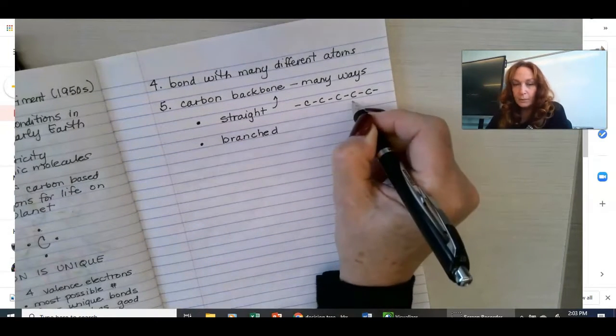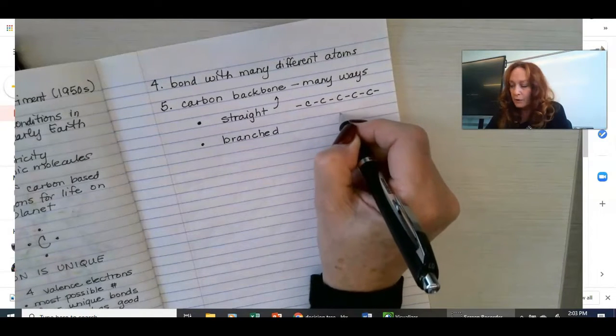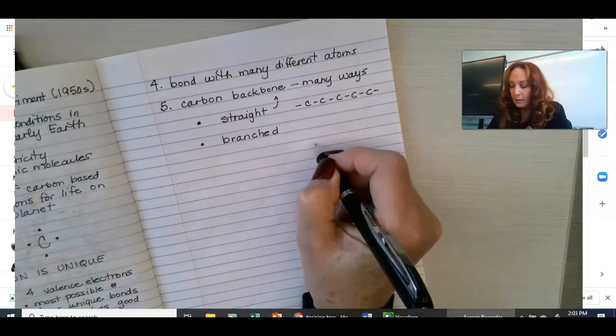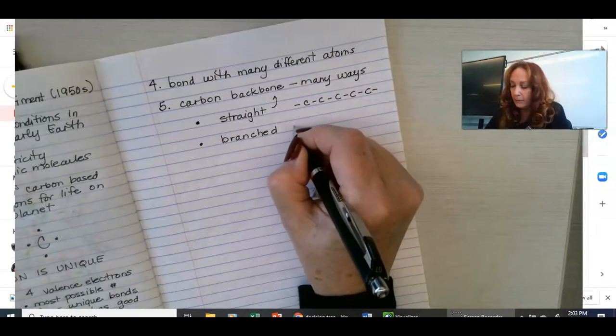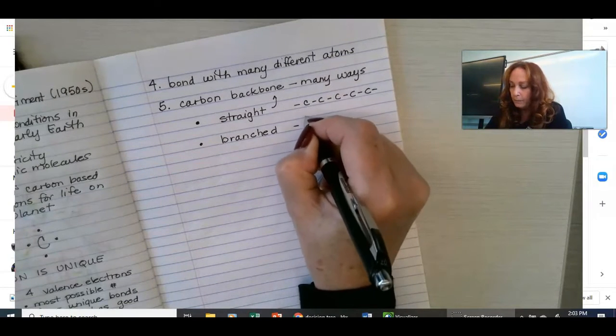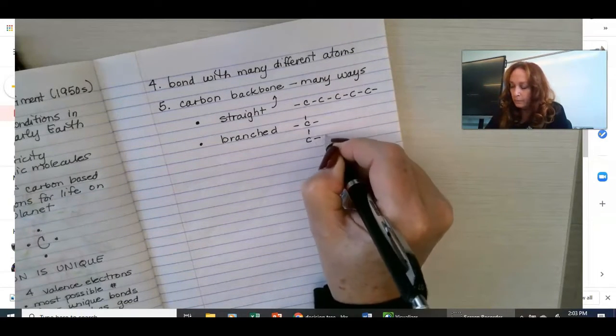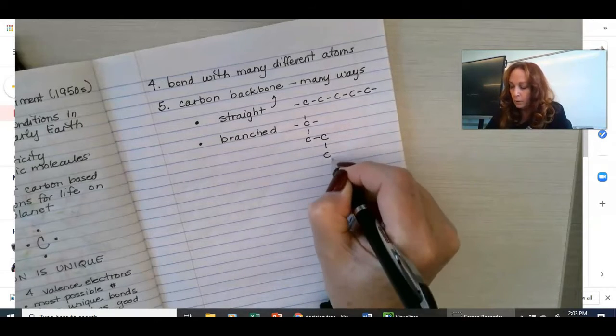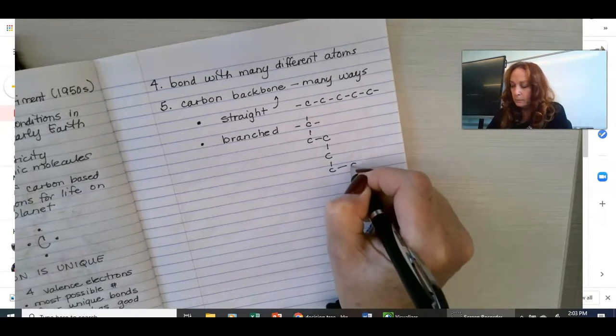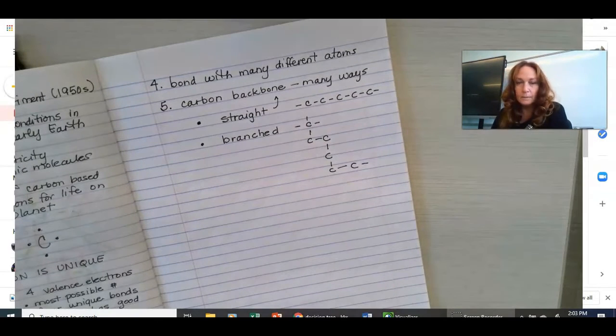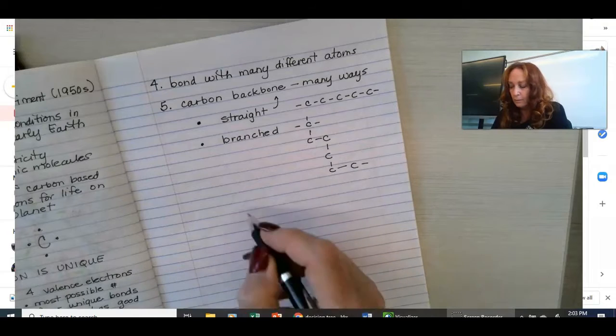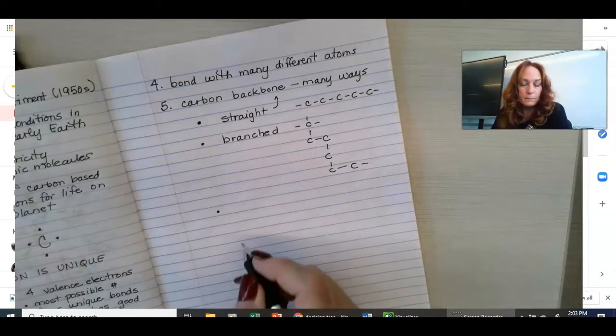It looks a little bit like this, but it also has carbons coming off to the side. So you might have a carbon, branched. So not straight, but still fairly linear. Or you can have a ring.